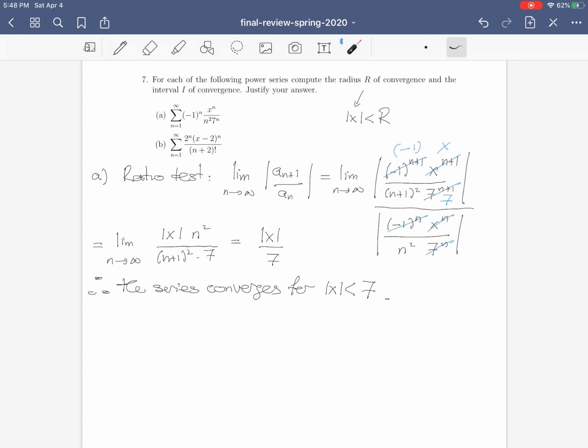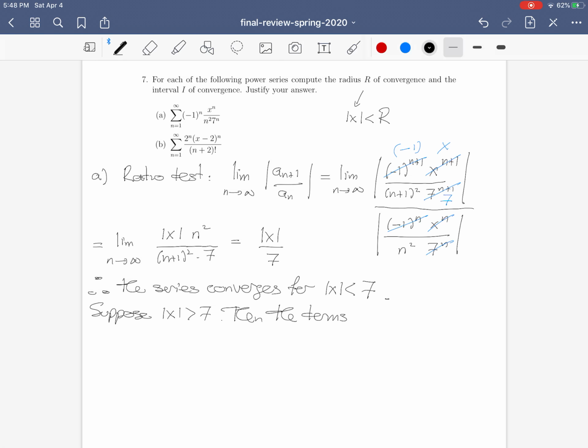So the ratio test tells us that's when the series will converge. And now let's consider what happens when x is bigger than 7. So suppose the value of x is bigger than 7.